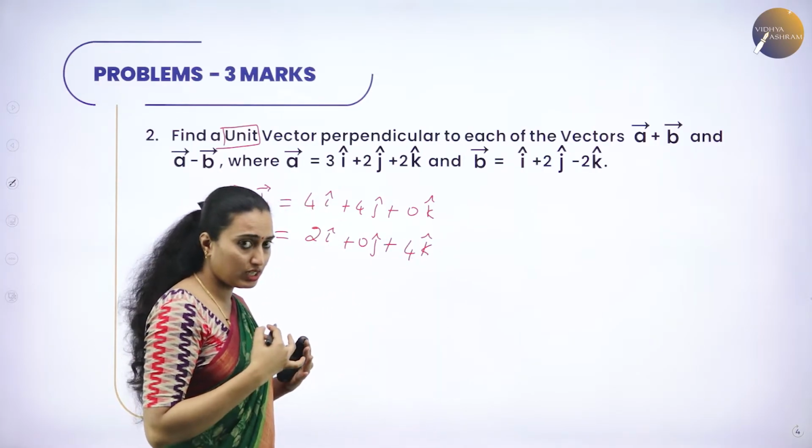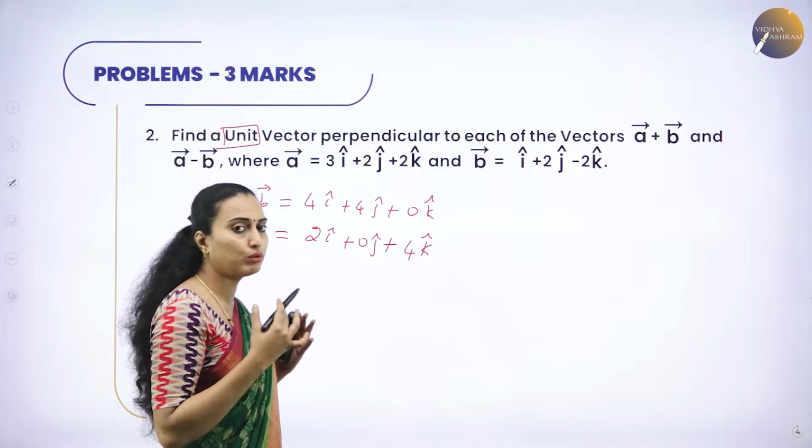Now, I am going to take the cross product of this as C vector.